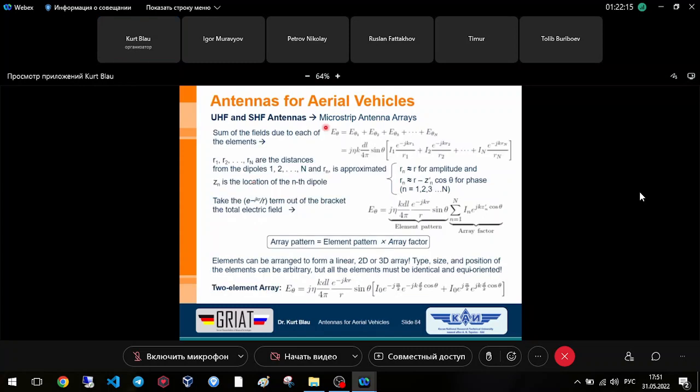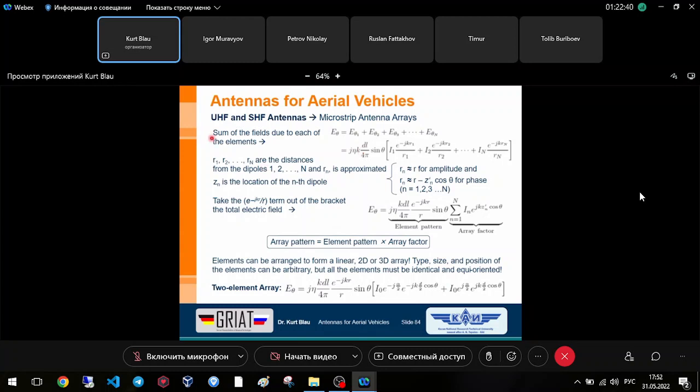How can we calculate this now? If we look at the complete field strength at our observation point, it is very similar; we only make a superposition. We add all the single field components of the Hertz dipoles. Here you can see the sum.